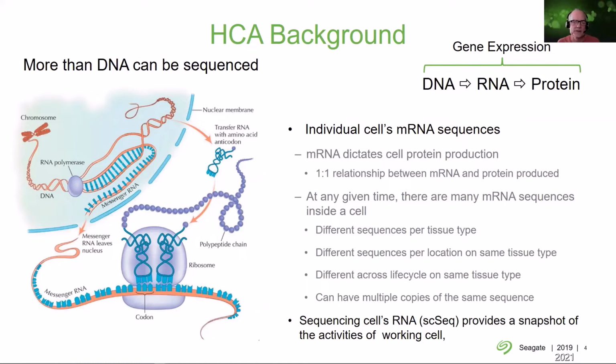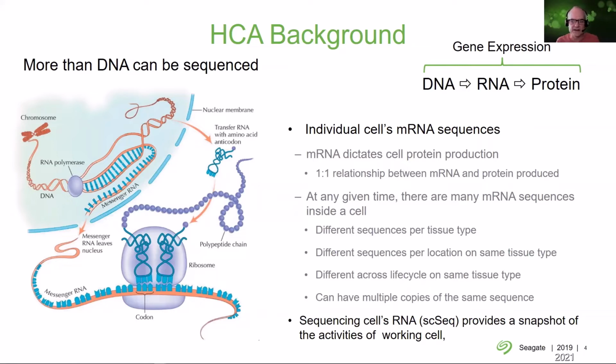And so every time that your cell needs to do something like divide or repair itself or create energy, it's going to have to create proteins to do this. So it uses RNA sequences to create those proteins necessary for the mechanics of the cell. And it turns out there's a one-to-one relationship between the RNA sequence and the protein it produces. This is called gene expression, DNA to RNA to protein.